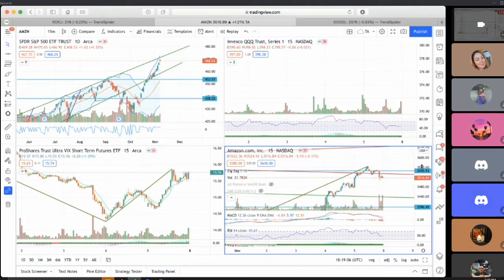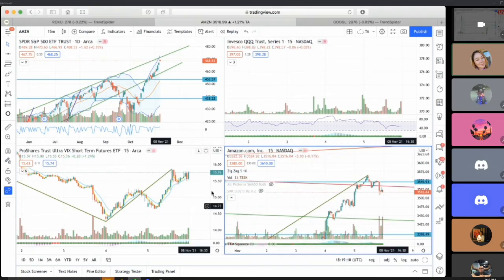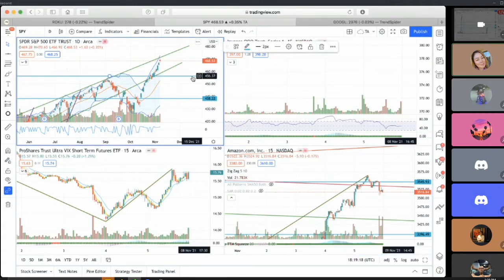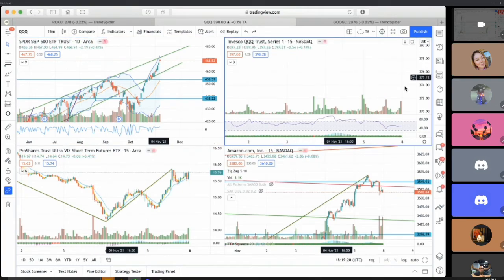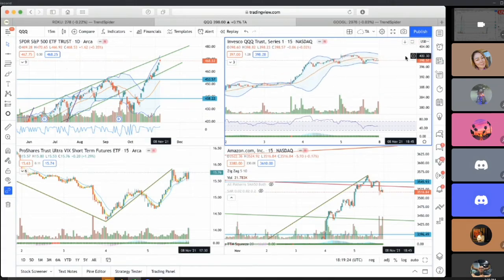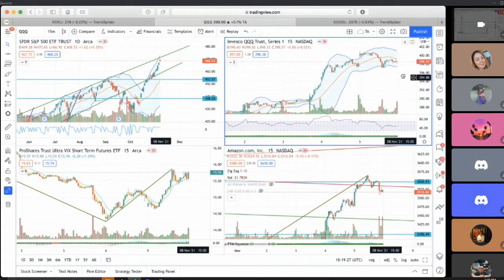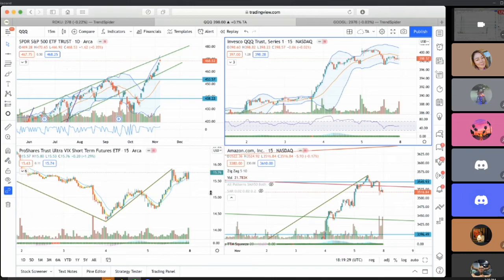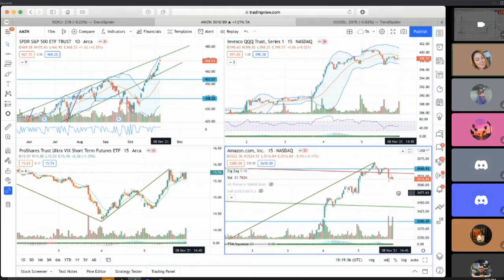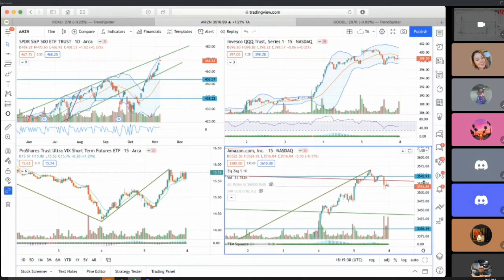This helps me see the picture of SPY, the Qs, UVXY, and Amazon, because I'm using Amazon now as an index.